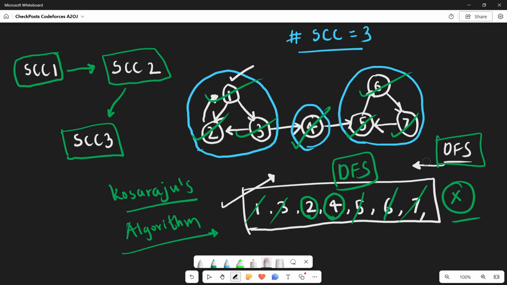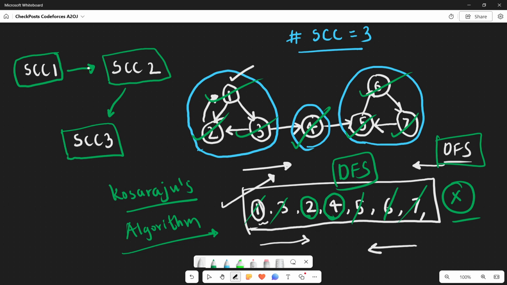You won't be having the stack in this direction. You will have the stack like this and you will start from here. Sorry for that. You will start again from the 1, so you will start applying DFS again from the 1.